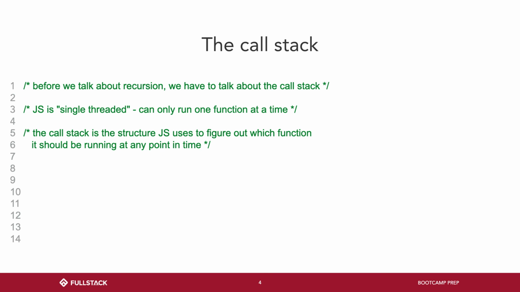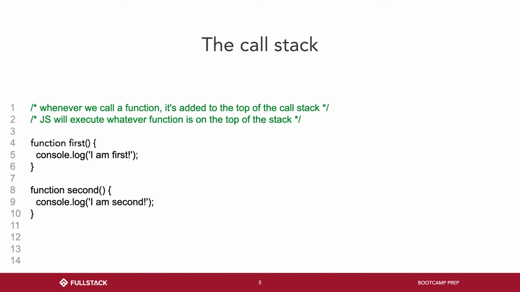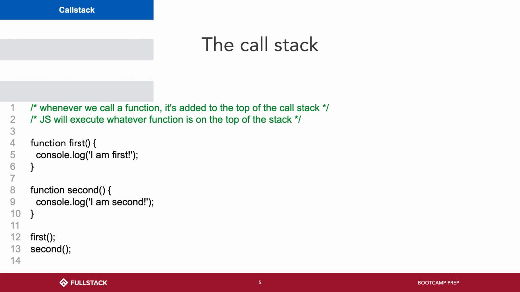JavaScript is single-threaded, right? That means it can only run one function at a time. The call stack is the structure JavaScript uses to figure out what function it should be running at any point in time. Whenever we call a function, like I showed you before, first gets called and thrown on the call stack.